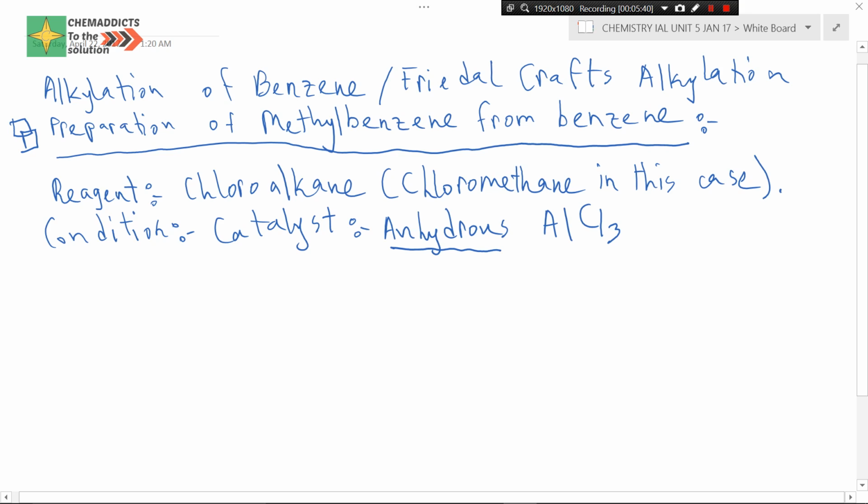Anhydrous aluminium chloride should be used since chloroalkanes can be hydrolyzed by water easily. Before we came to know that chloroalkanes can be hydrolyzed by water easily.